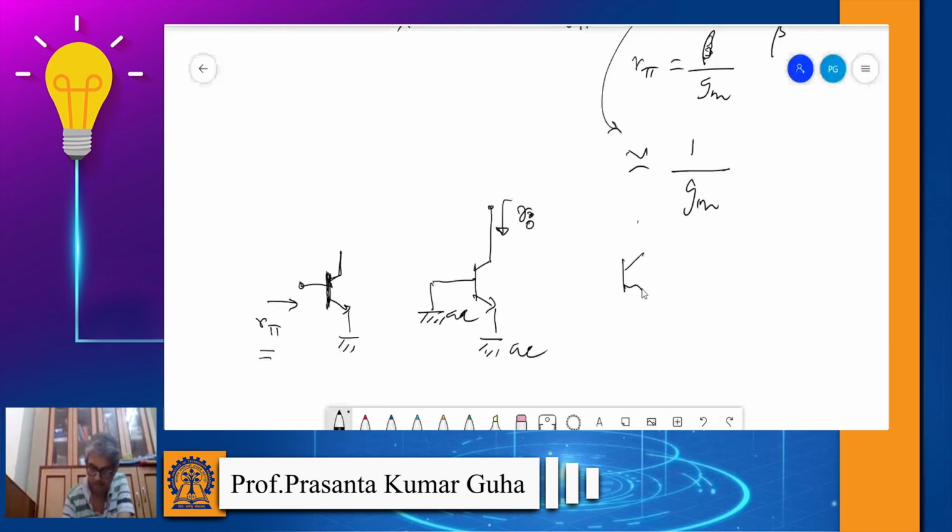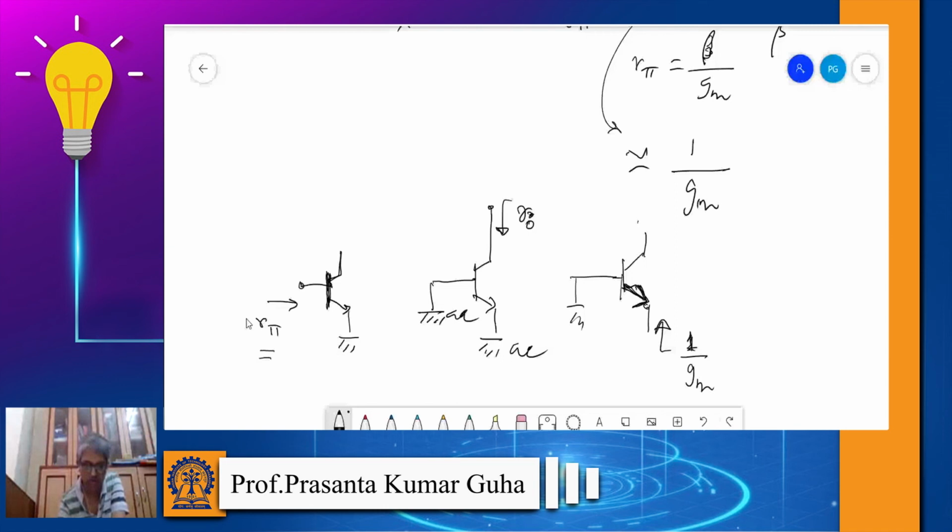If we see the circuit, see the BJT from the emitter side, we will get 1 by Gm. So you remember this point, you have to use this many times for any circuit analysis. You should remember these values: when we look from the base side, the input impedance is R pi.